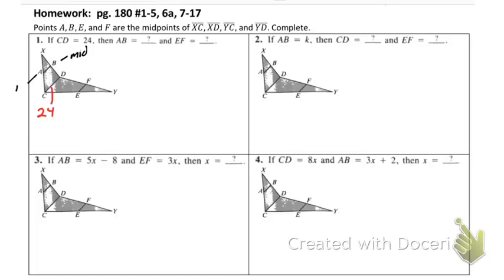A is a midpoint, which automatically makes AB parallel to CD. So that means AB is half the size of CD. So if CD is 24, AB must be 12. The same thing applies to EF. EF is also midpoints, so it's going to be half as large as the base of that triangle. So EF will also be 12.